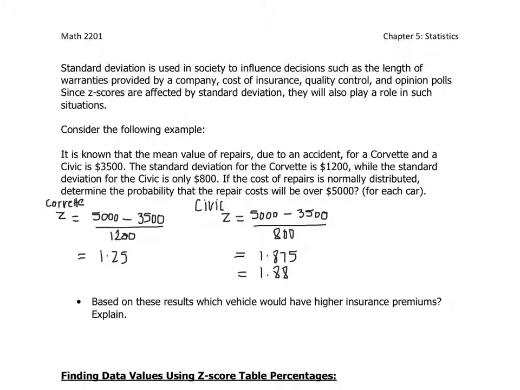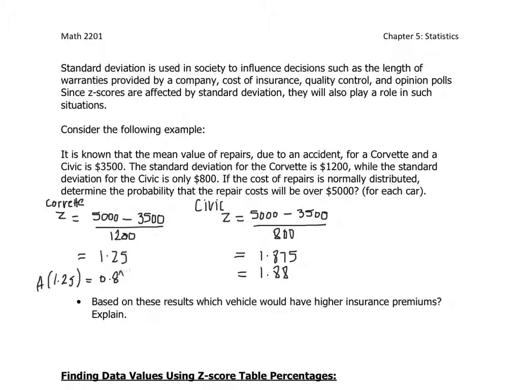So the probability that the repair costs will be over 5,000 is basically we want to figure out what percent of data would be above 5,000. So for the Corvette, we would want to check the area at 1.25, which, looking at my chart here, is 0.8944.